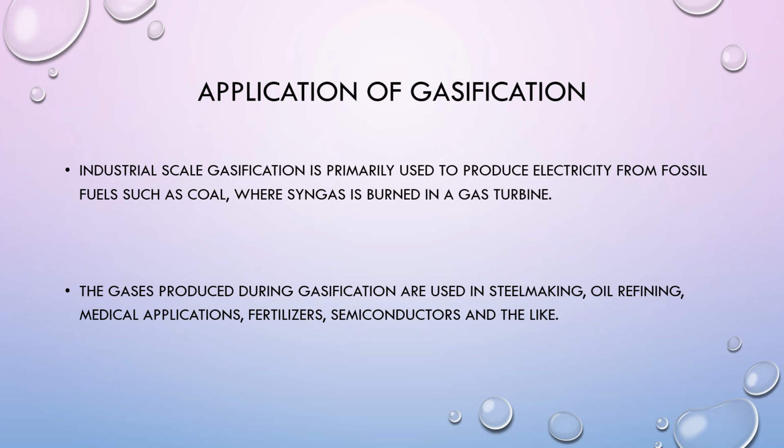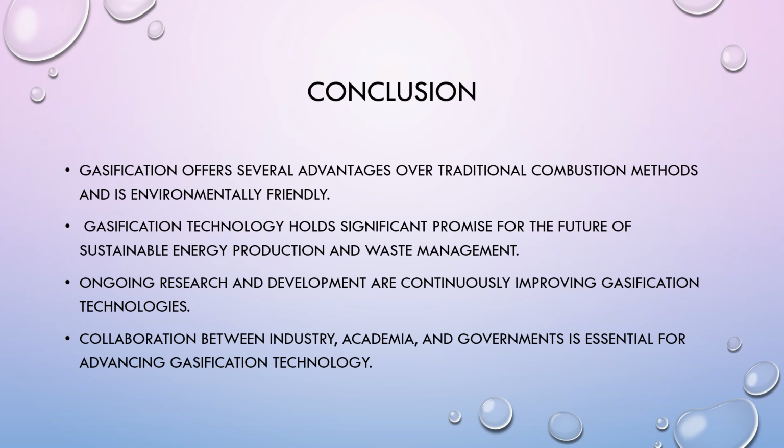Bio oil is also used for skin toning purposes and to hydrate dehydrated skin. The gases produced during gasification are also used in steel making, oil refining, medical applications, fertilizers, semiconductors, and the like. So gasification is basically environmentally friendly and is preferred more to pyrolysis.